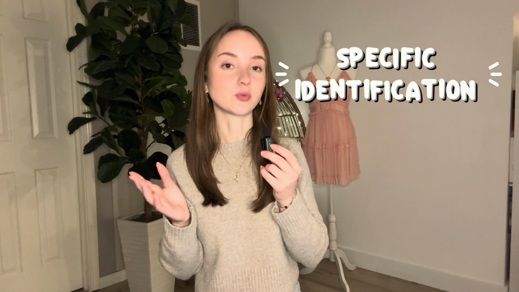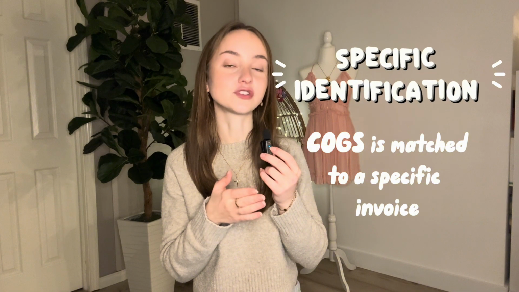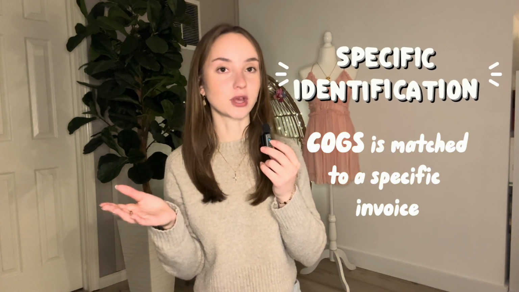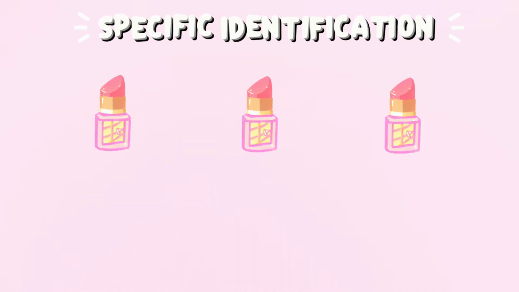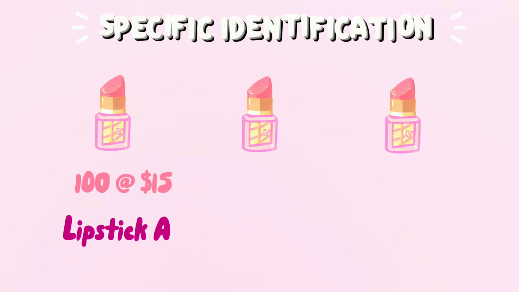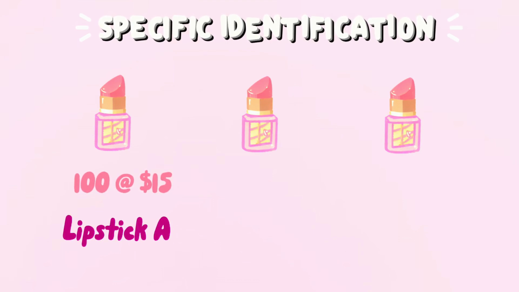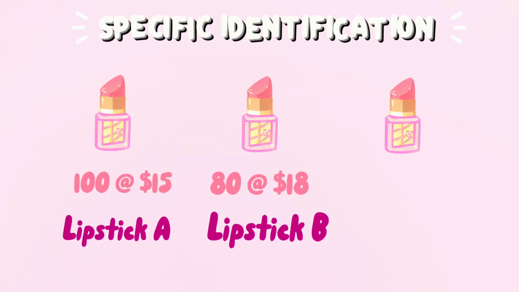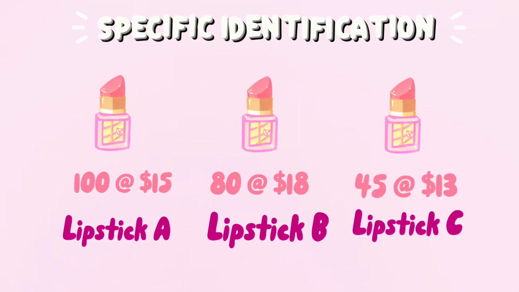Our last method will be specific identification, where the assigned cost to that inventory is matched with a specific invoice. If I have 3 boxes of inventory, my first of 100 lipsticks at $15 each, my second of 80 lipsticks at $18 each, and my last package of 45 lipsticks at $13 each, I will record cost of sales according to which lipstick inventory I sold from.